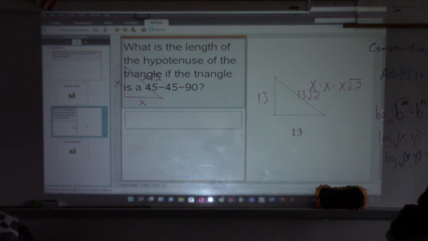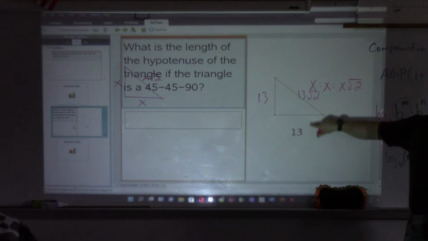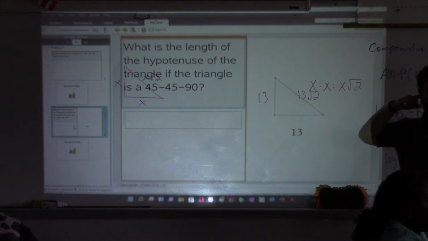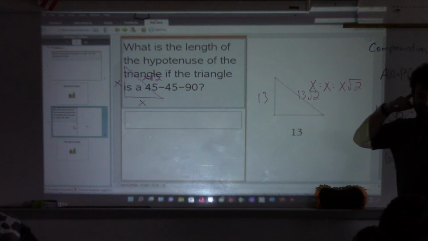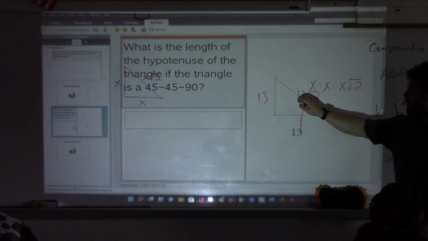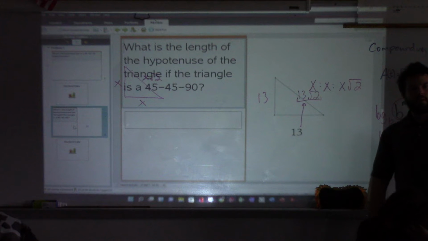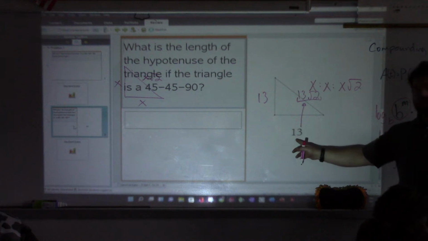Now, I will point this out. To go from the side length to the hypotenuse, I had to multiply by what? To go from 13 to that, I multiplied by what? You see that 13 right there?